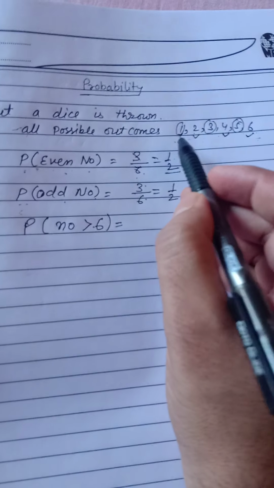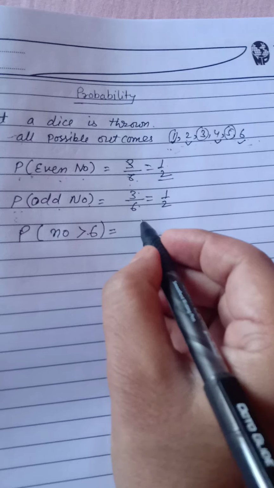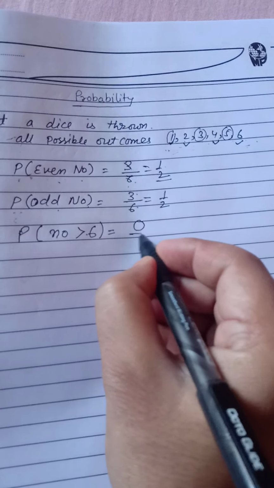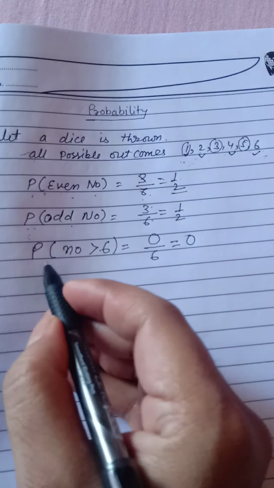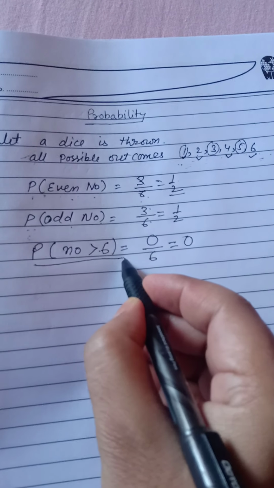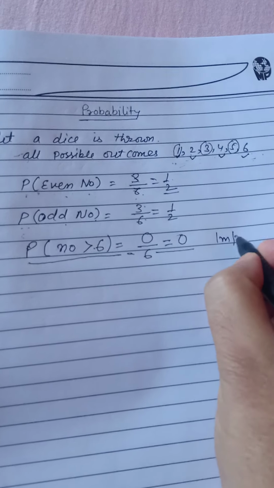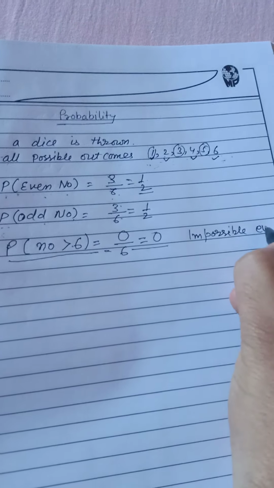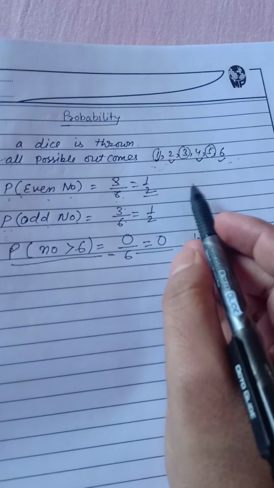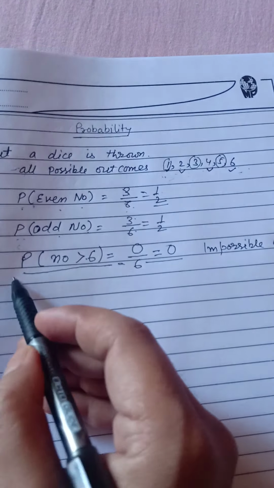Since there is no number greater than 6, n(E) is 0, so the probability is 0 upon 6, that is 0. So getting a number greater than 6 is an impossible event, since all the numbers are less than or equal to 6.